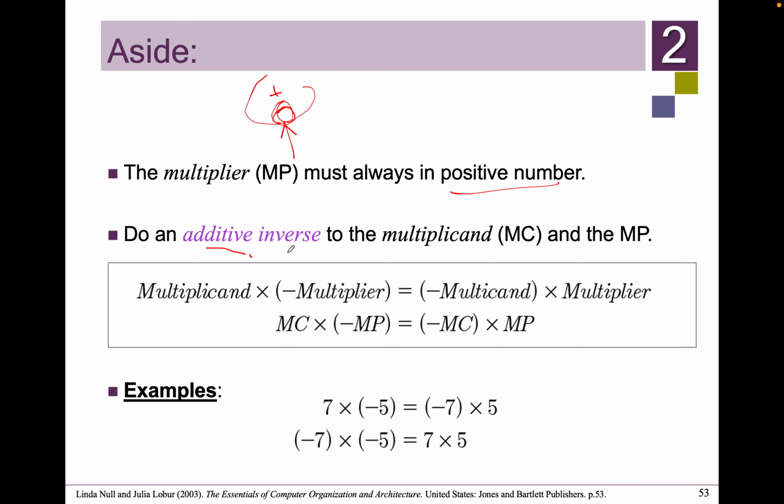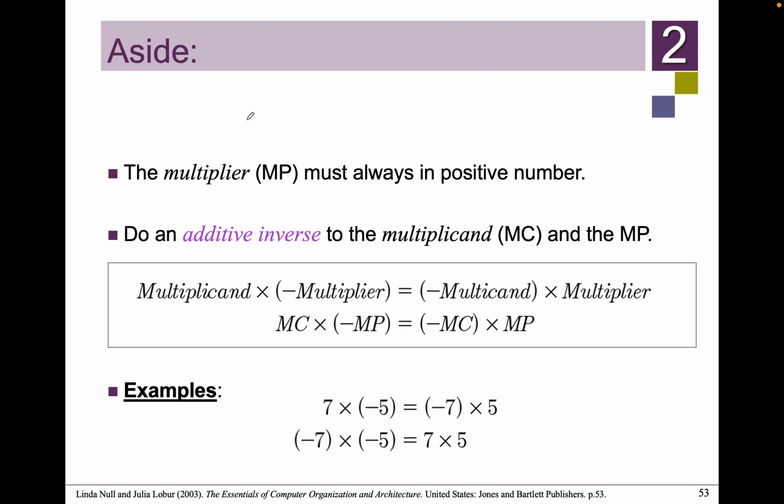Do an additive inverse to the multiplicand, MC, and the MP. So you can see over here, multiplicand multiplied with a negative multiplier. So you have the reverse one, negative multiplicand, because the multiplier must always be positive.